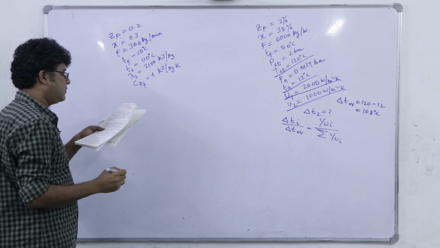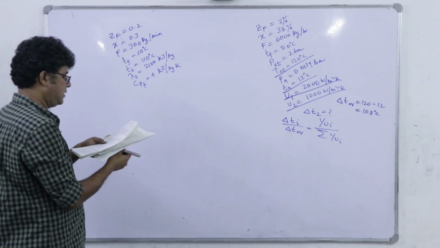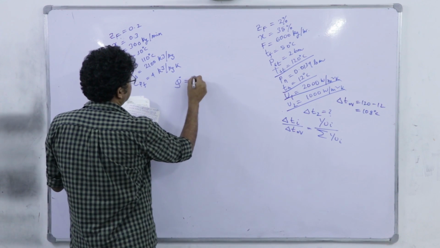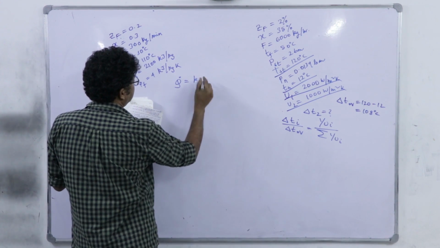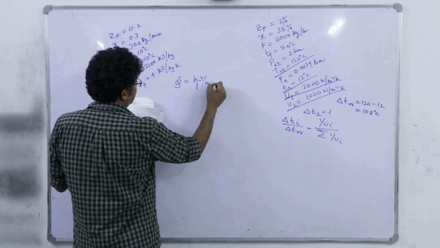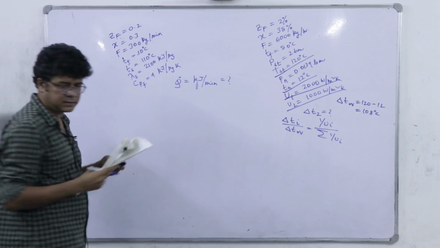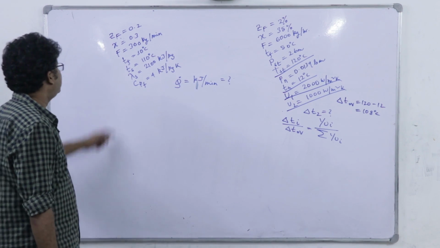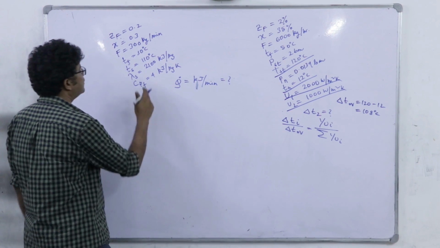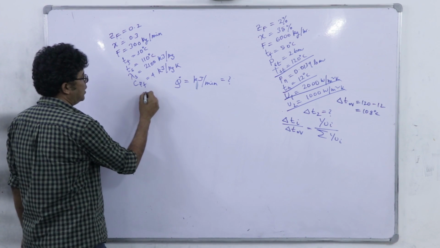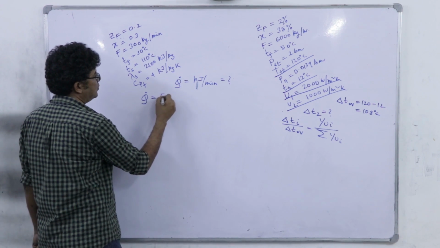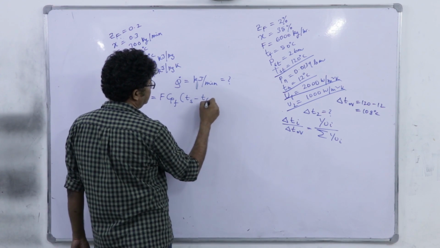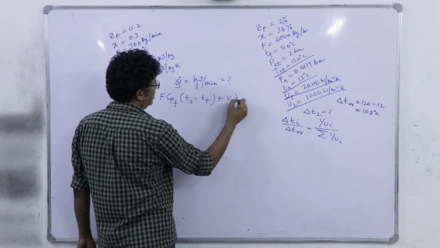The rate at which heat has to be supplied, Q dot in kilojoule per minute, how much is it, right? So, you see that feed flow rate is given. We know that Q dot is equal to F Cpf (Ts minus Tf) plus V into lambda s.